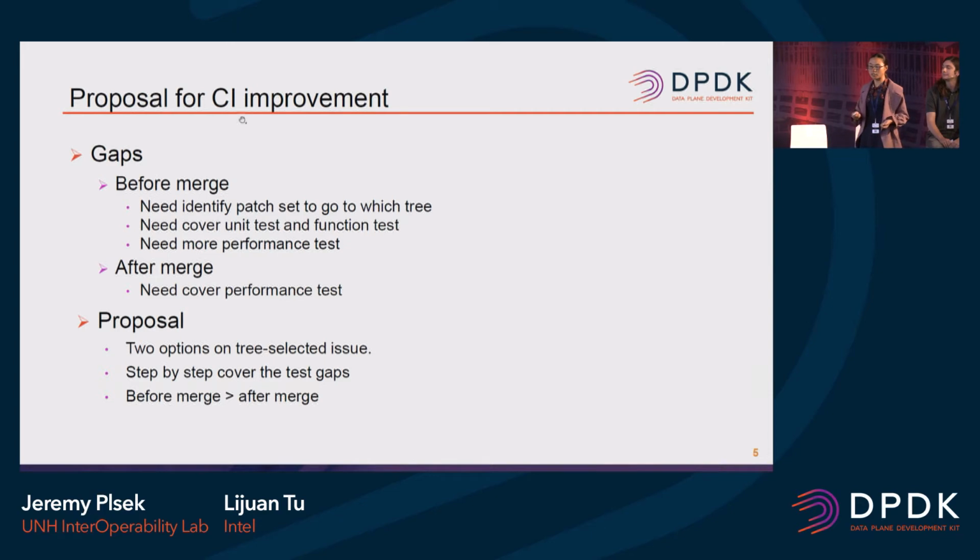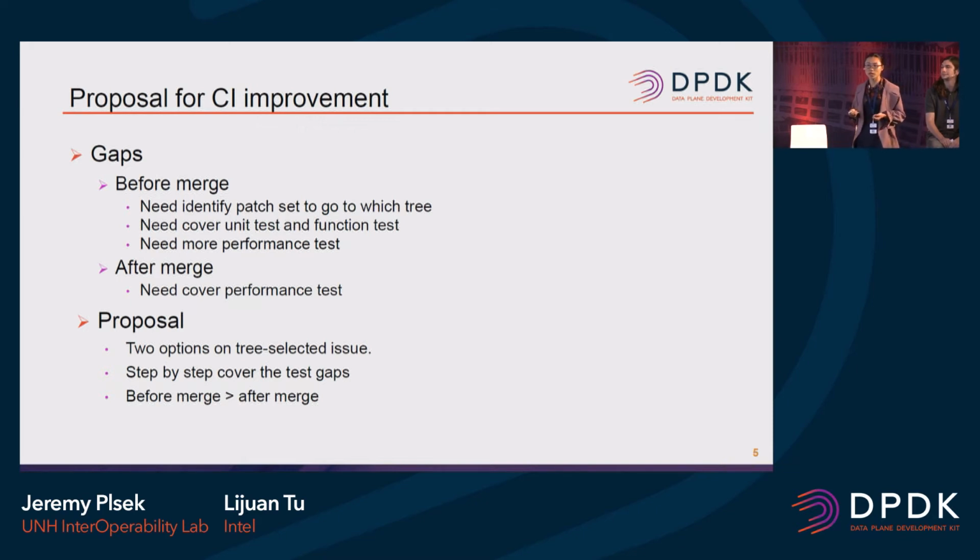And here I want to raise a question. As the team talked, we have 8 subtrees in the DPDK repository. The CI's difficulty is how to decide which tree each patch set should go to.